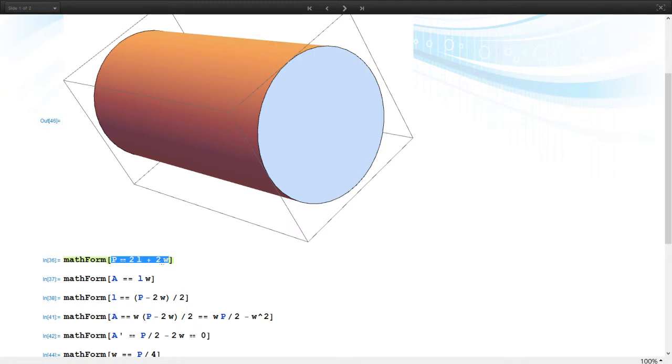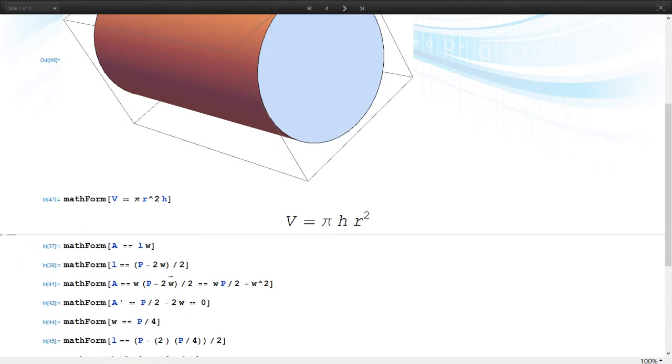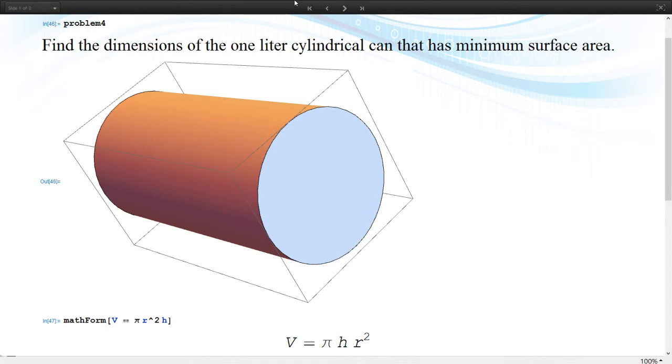So the volume of a can is equal to pi times the radius squared times the height. Like so. And we know that this volume has to equal 1 liter.